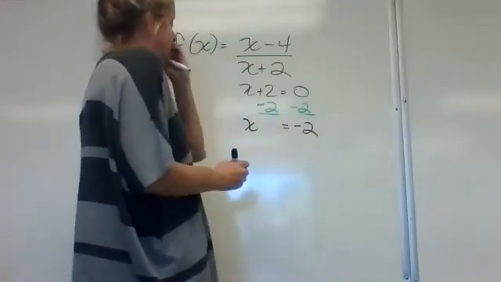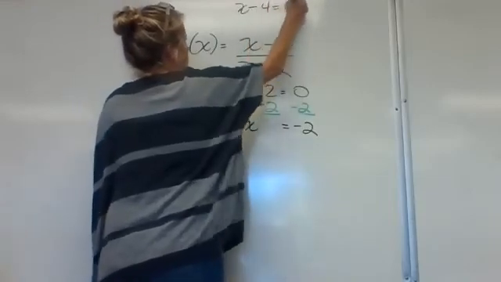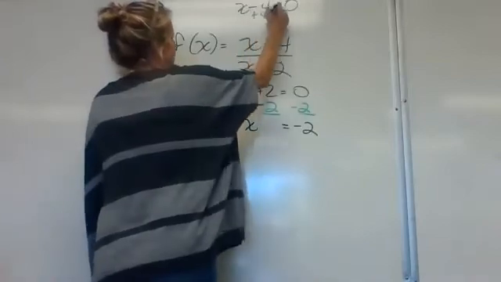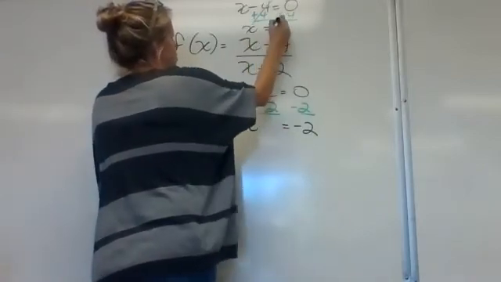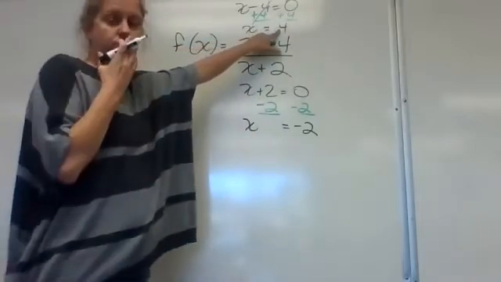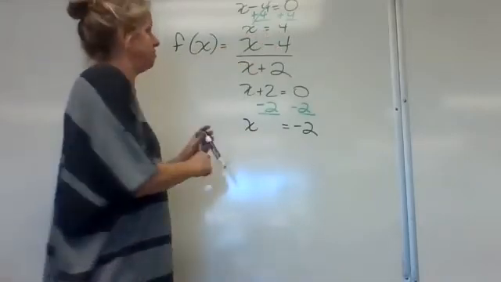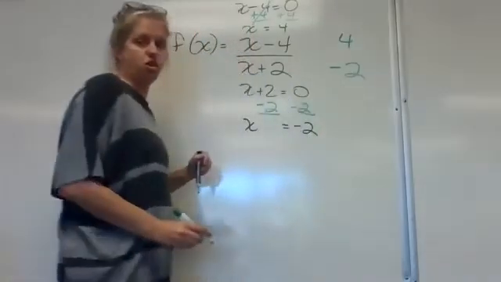So negative 2 is the zero of the denominator. What about the numerator? x minus 4 equals 0. Solve it. Add the 4 to both sides. So x equals 4. So the zero of the numerator is 4, and the zero of the denominator is negative 2. So 4 and negative 2 are my zeros.